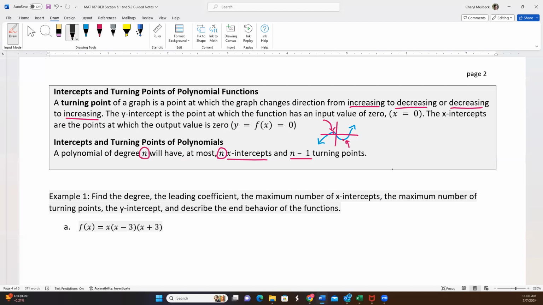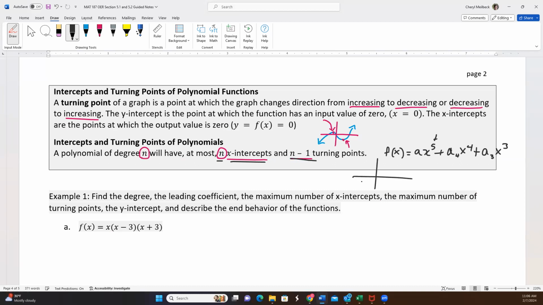So let's look at a function that has an x to the 5th in it. I don't know what the coefficient is. And we'll call this a sub 4, x sub 4, a sub 3, x sub 3, etc. So if it's got a power of 5, it can have as many as 5 x-intercepts and 5 minus 1 turning points.